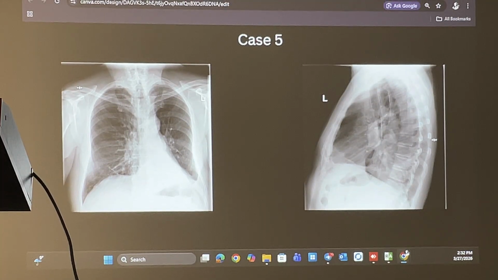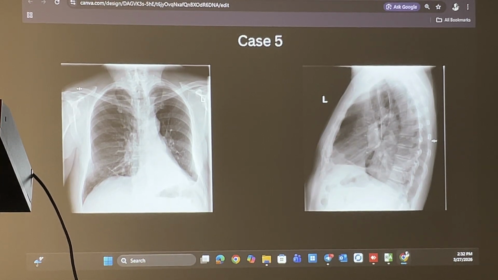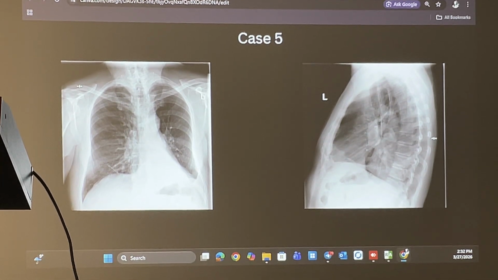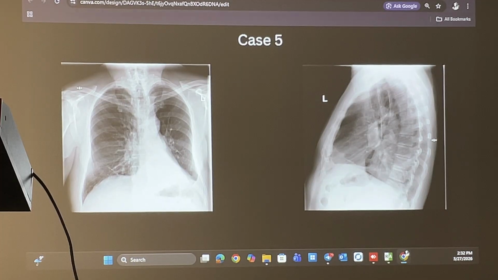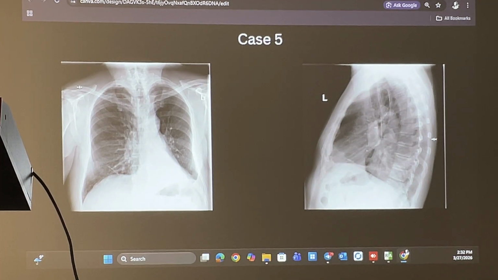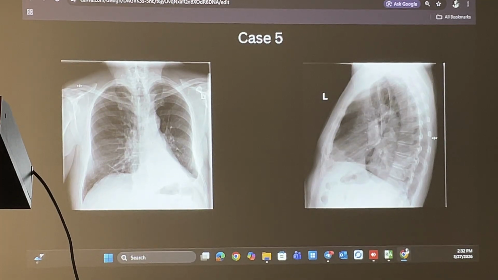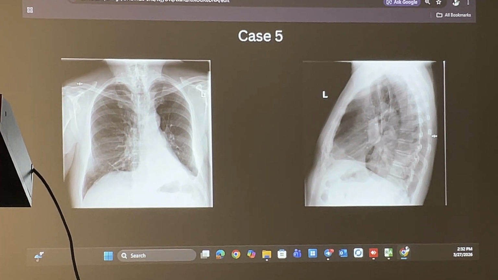And here we have the fifth case. What about this patient? What findings can you see? In the frontal view, that left heart border is not seen.